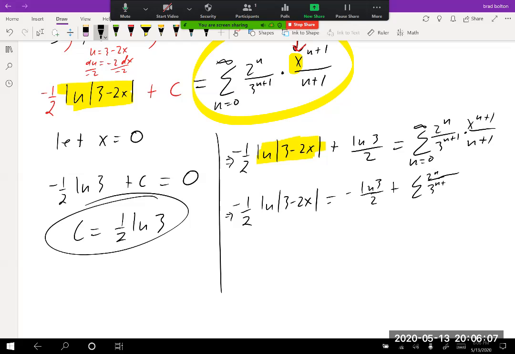I guess I could write it like this, x to the n plus 1 times n plus 1. I could do that as well. So that's still fine. Now we have to multiply everything by -2 because we got to make the 1/2 go away. So this will become ln of the absolute value of 3 minus 2x equals, multiply everything by -2.